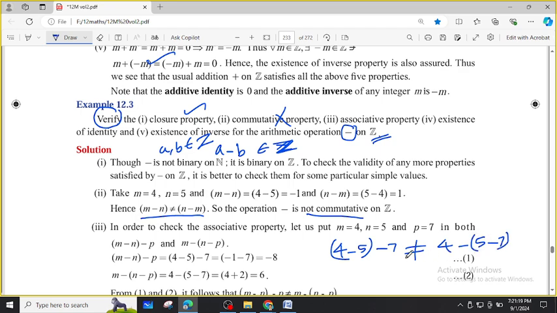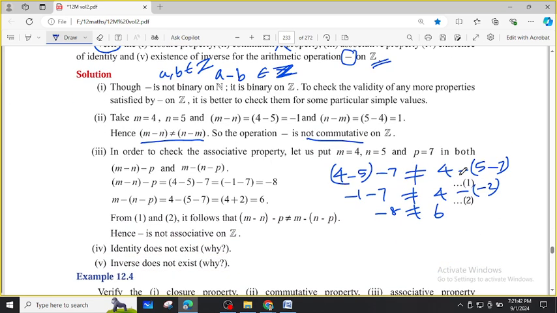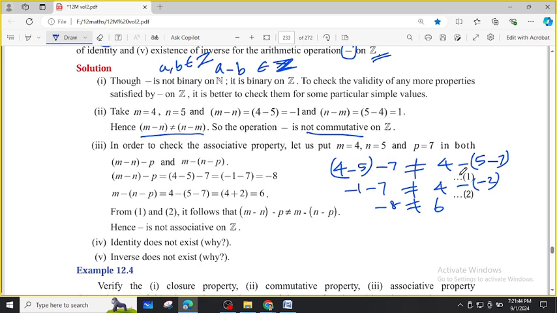Both will give different values. Here 4 minus 5 is minus 1, minus 7 gives minus 8. Here, if we take 5 minus 7 it is minus 2, and 4 minus minus 2 is 6. So definitely we get different answers. It is not associative over subtraction.